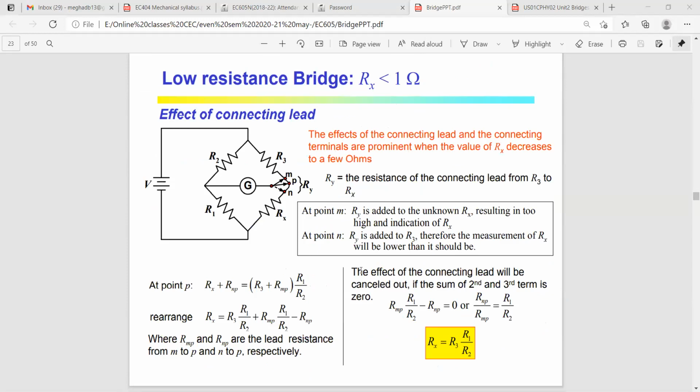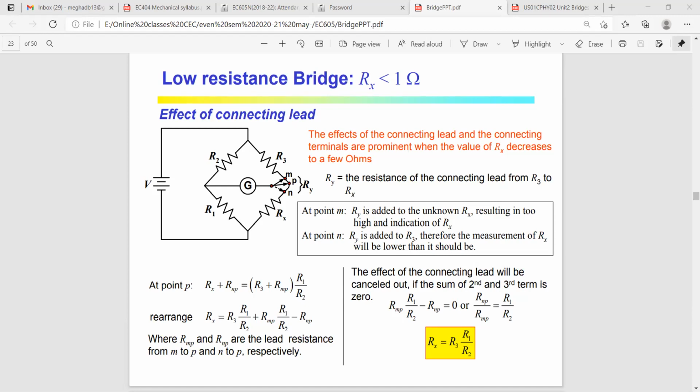Now, Wheatstone bridge, we have more or less covered doing the problems, error, sensitivity, and everything. Now, one more important thing is that after Wheatstone bridge, we have the Kelvin double bridge. Okay. Now, a question may come to your mind that Wheatstone bridge definitely has some limitations in its sensitivity and in the deflection galvanometer, and that is why we are moving towards the Kelvin double bridge.